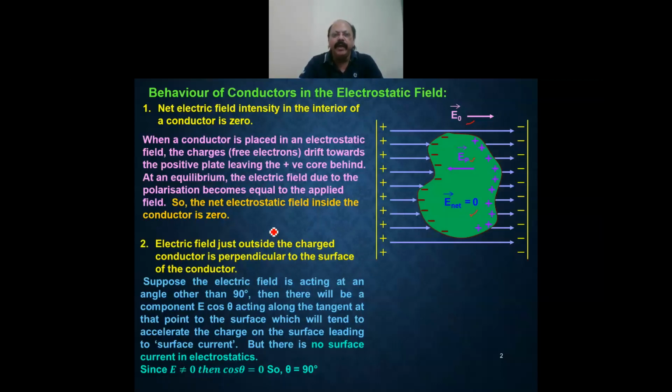Now the second property is that the electric field just outside the charged conductor is perpendicular to the surface of the conductor.